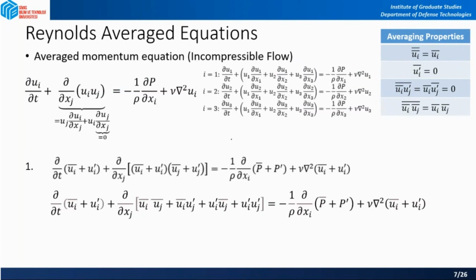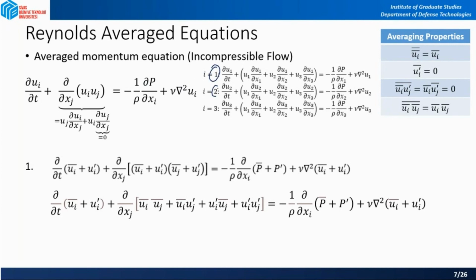I will apply it to the momentum equation. The original momentum conservation equation for the instantaneous velocity for incompressible flow is dui dt plus d dxj of ui uj equals minus 1 over rho dp over dxi plus nu times del squared ui, which we talked about before, and we said that it represents three conservation equations for three components.